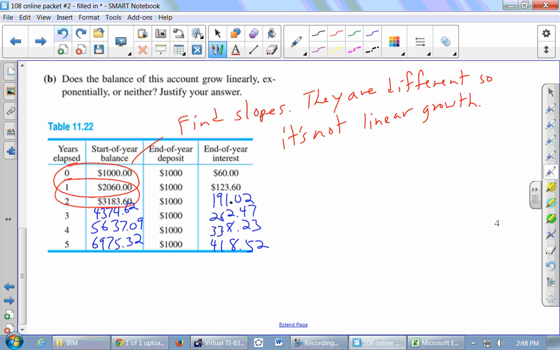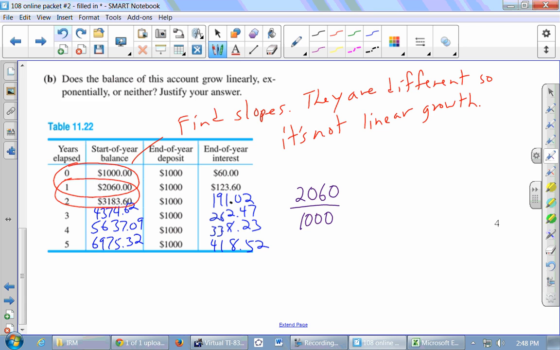So one thing we discovered about exponential functions is that they kept increasing by the same percentage every step of the way. Or I guess they kept going up by the same multiple every time. So for example, if you did 2060 divided by 1,000, you'd get some multiplier there.